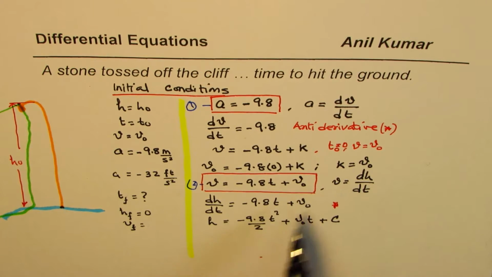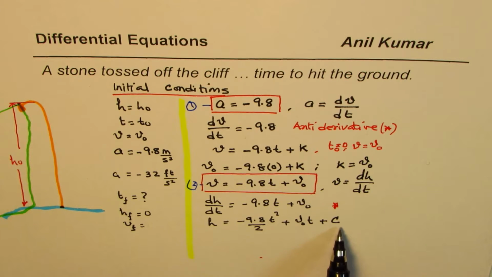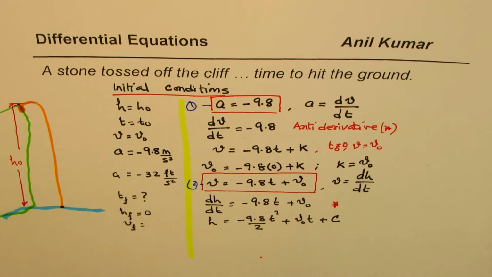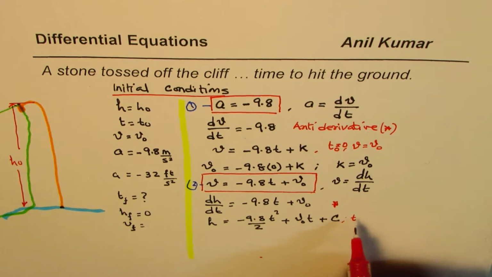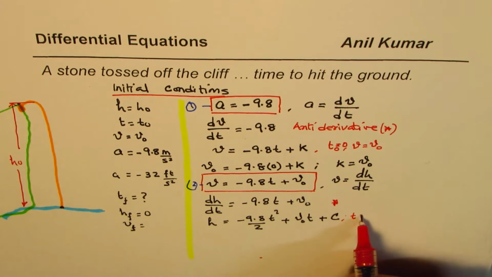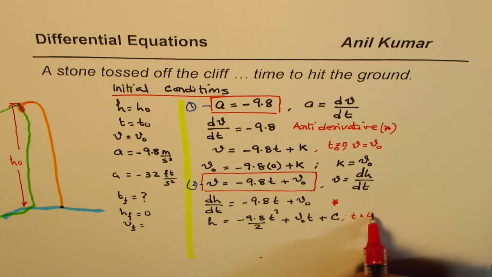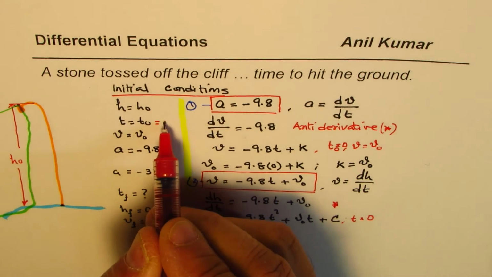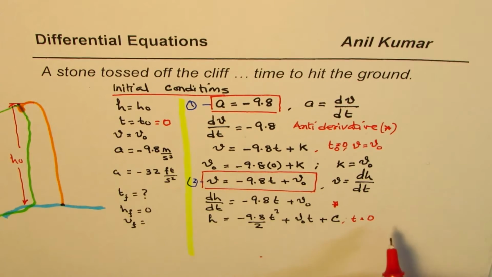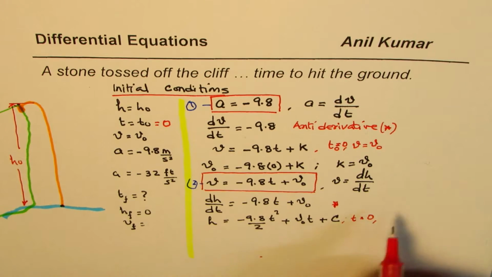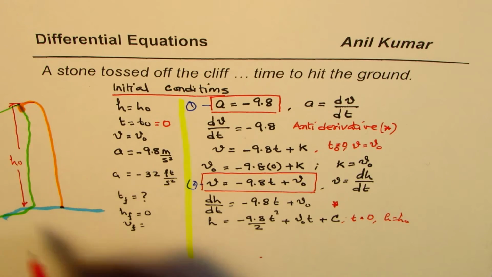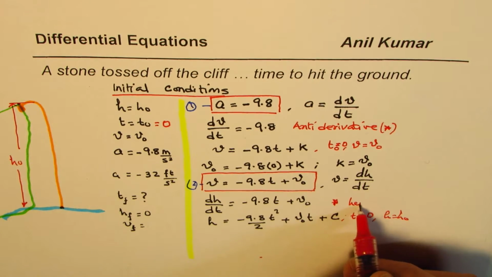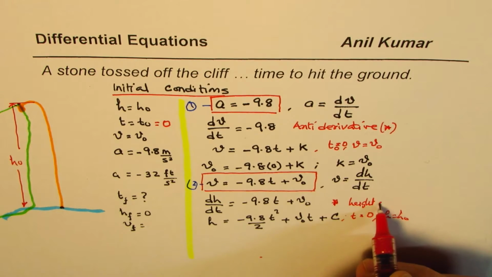Now here again, as we did earlier, we'll apply the initial conditions, and at t initial, starting with, it was 0, right? So time is 0, right? And at this time, the height is h0, which is the height of the cliff.